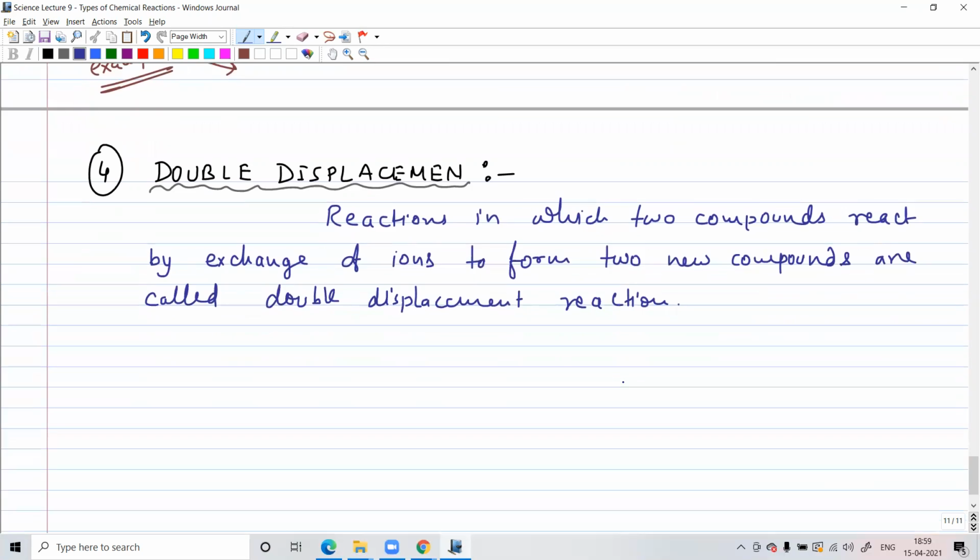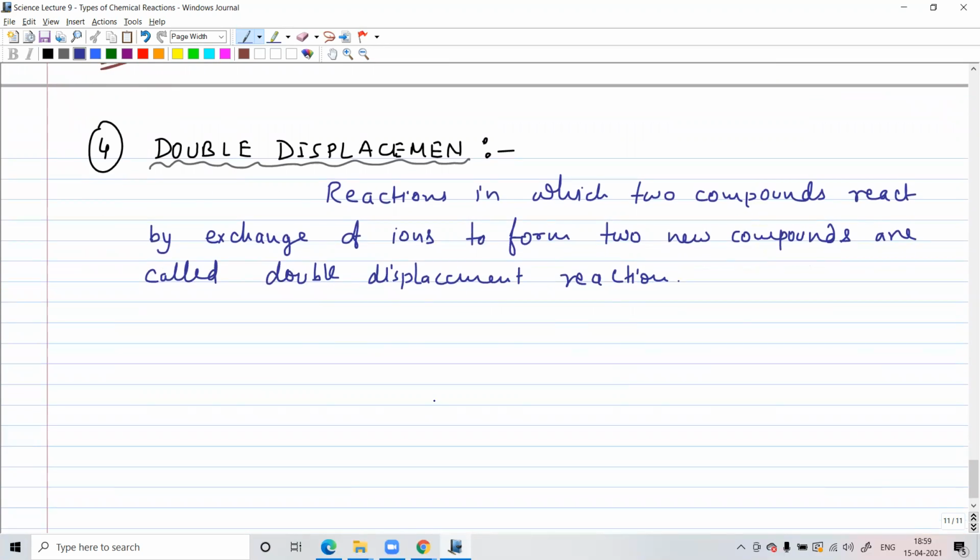I'll explain what it means to exchange the ions, but let me give you an example first and it will become very easy.